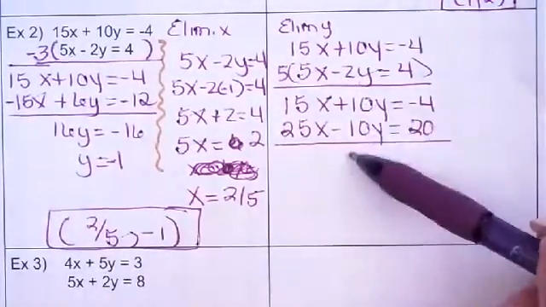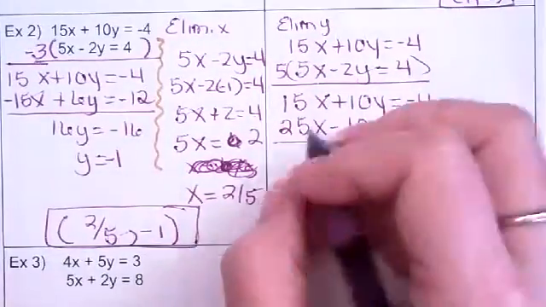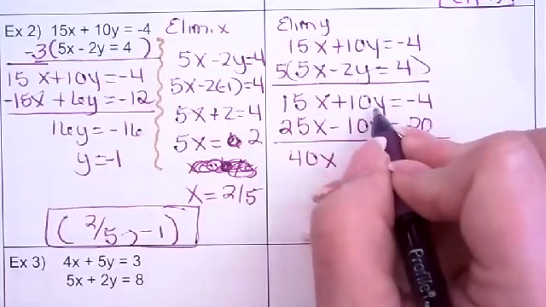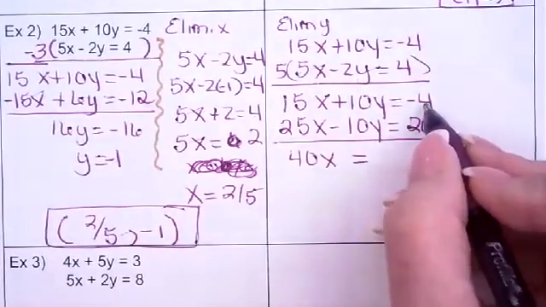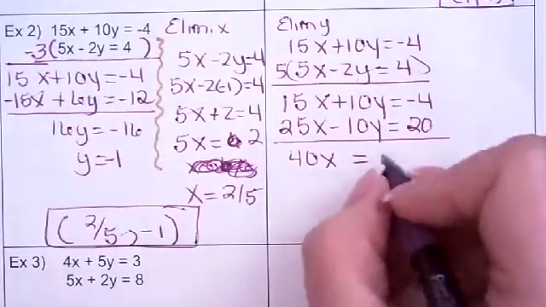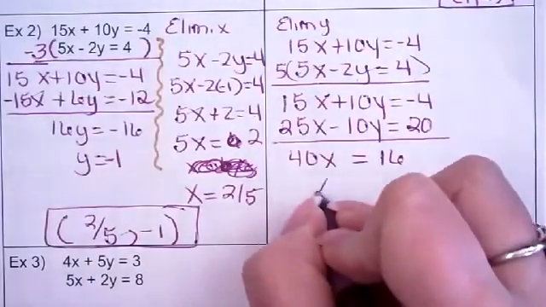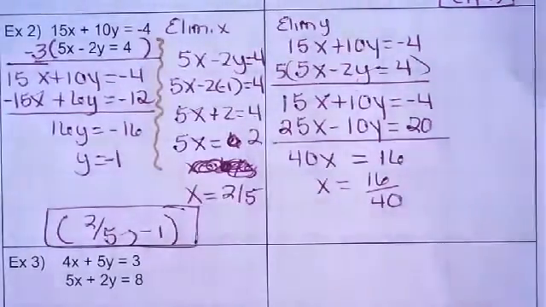Yep, those are opposites. So let's combine our like terms. 15x plus 25x is 40x. The 10y minus 10y is 0, cancels out. Negative 4 plus 20 is 16. That means I've got x equal to 16 over 40.